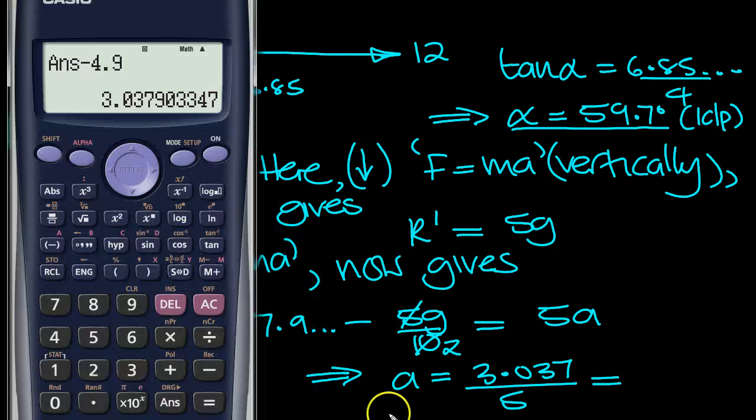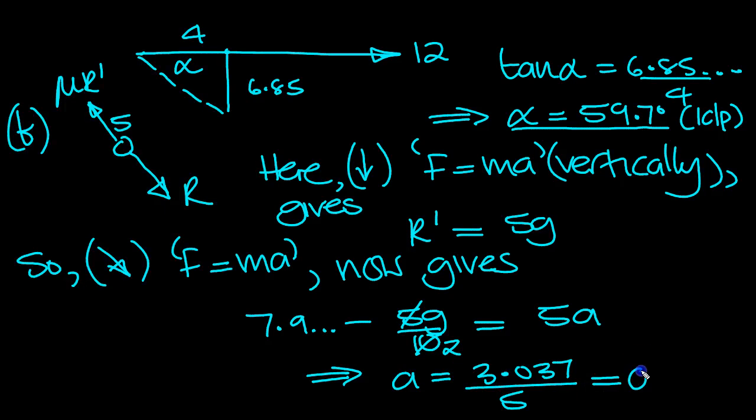So we just do that number, answer, and divide by 5. 0.61, isn't it, to 2 decimal places? 0.61 meters per second squared, and that's the 2 decimal places.